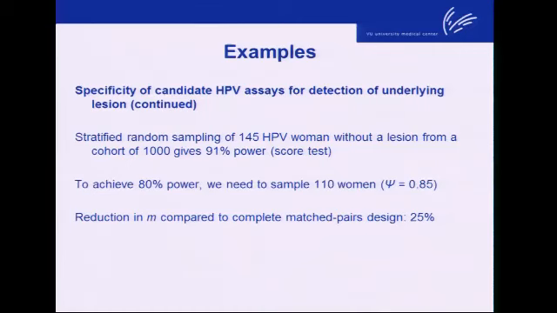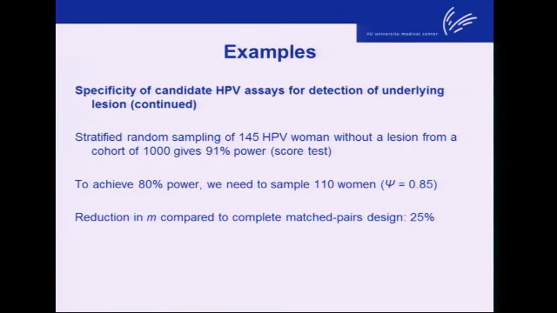Well, if you use stratified random sampling instead, with the same number of women, and oversample the women that were positive on the test, then there's a considerable increase in power.